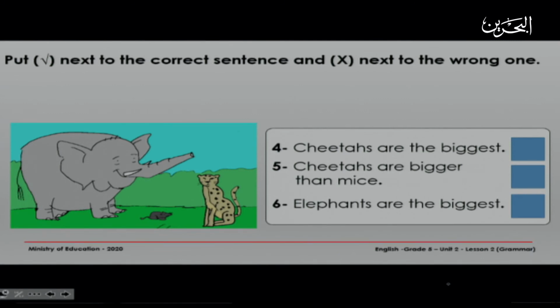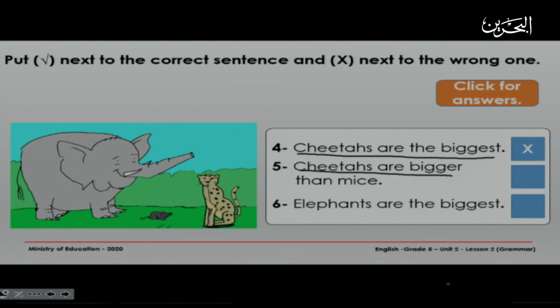Now let's check your answers. Cheetahs are the biggest. Are they? Is it bigger than the elephant? No, very good.